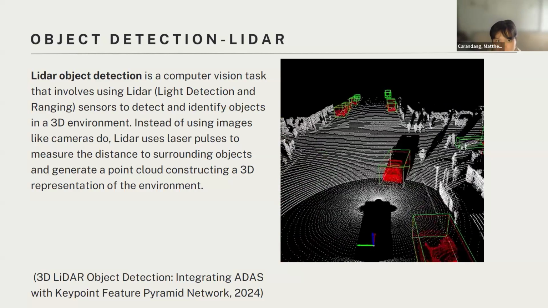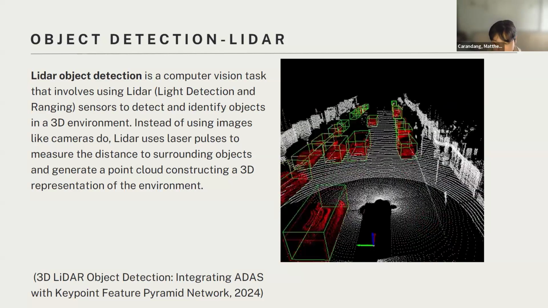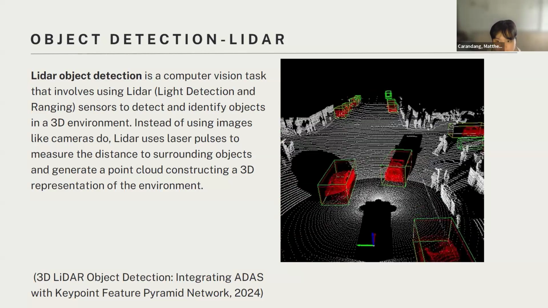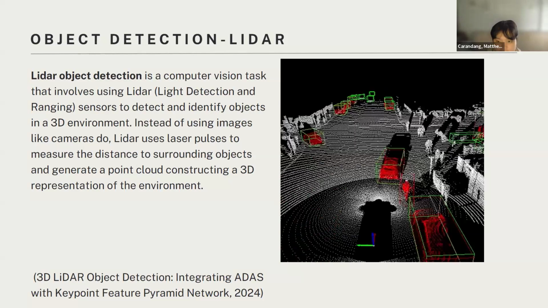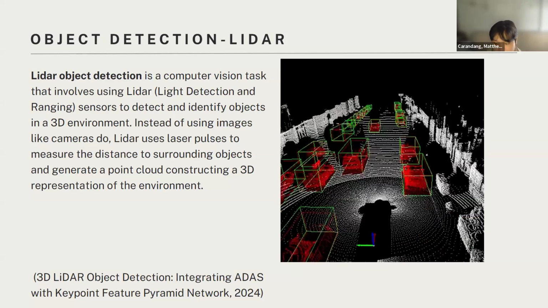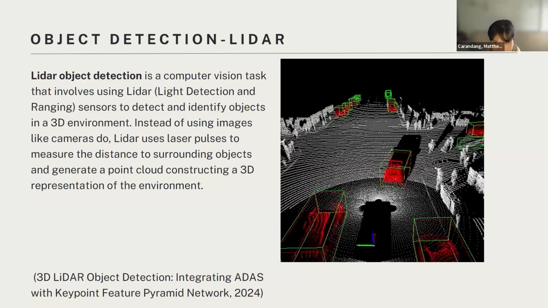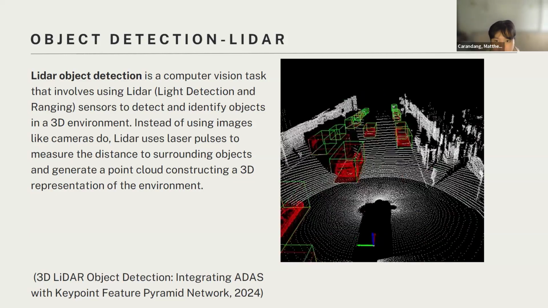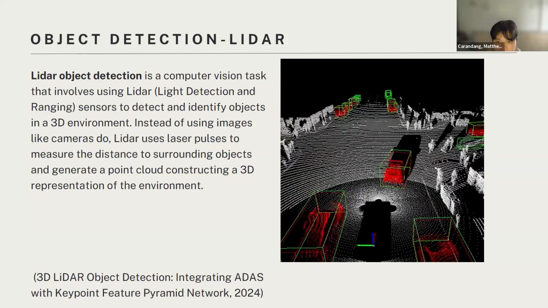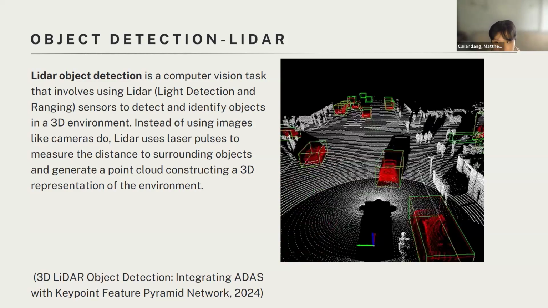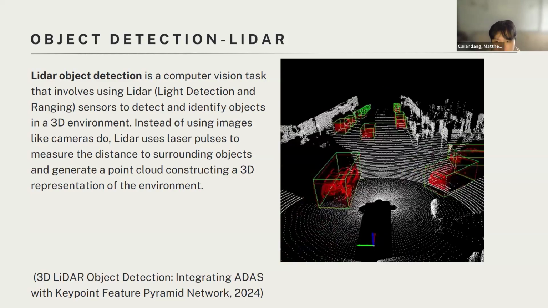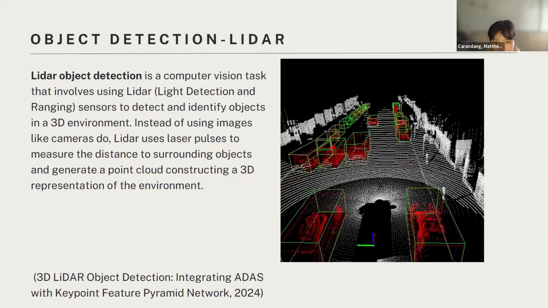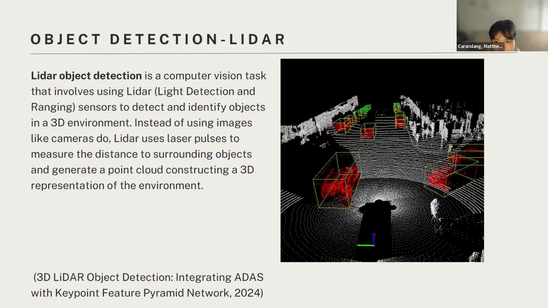The strengths of LiDAR are accurate spatial and distance measurement, since it measures the distance from the sensor to the object. There is depth perception with LiDAR. Another advantage is that it works well in low light or even night conditions, with zero visibility at all, since it doesn't really need light to sense objects.